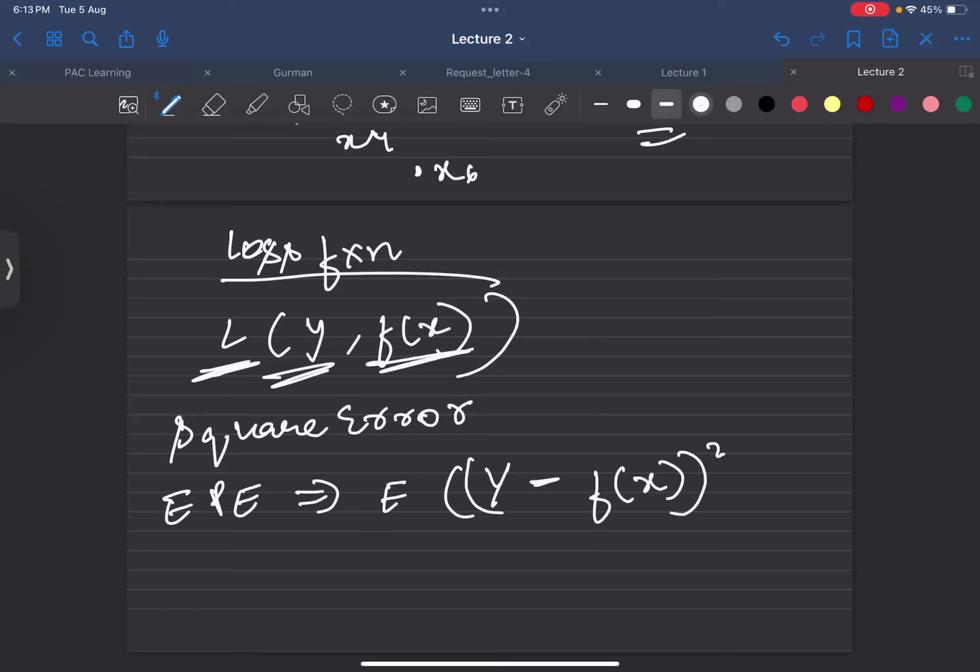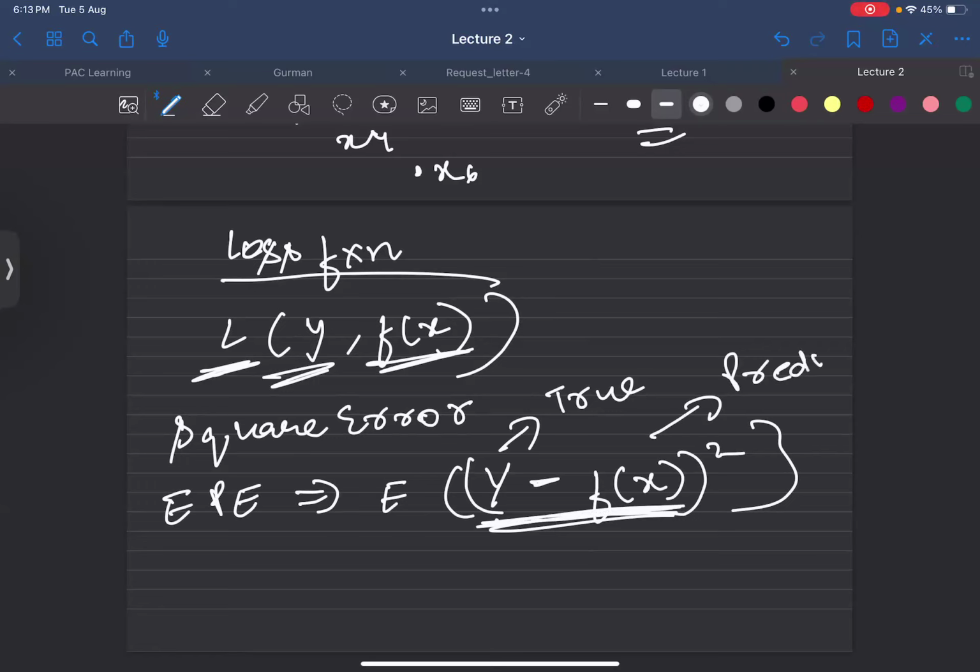The name itself suggests we are having the gap between the true output and the predicted output. What is the gap? Square of them and doing the expectation. We square so that negative and positive shouldn't make a difference. Whether f(x) is greater than y or y is greater than f(x), we only want to see the gap.